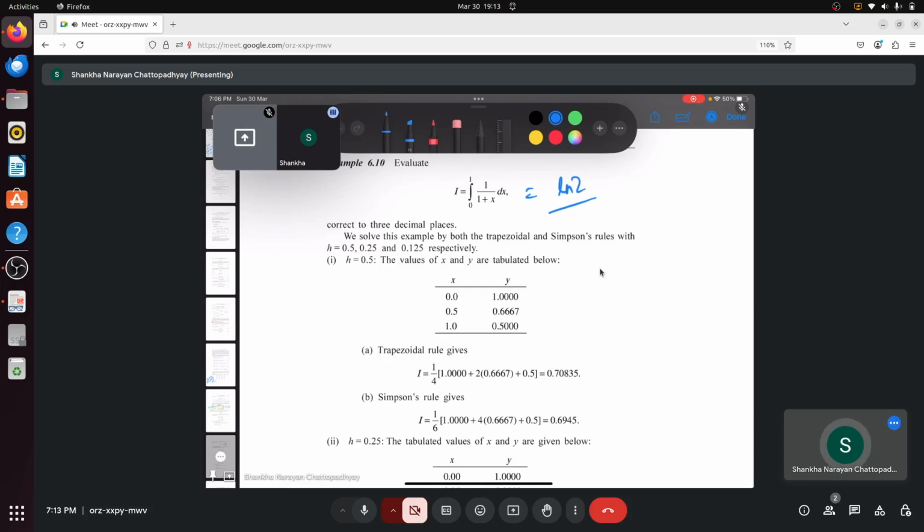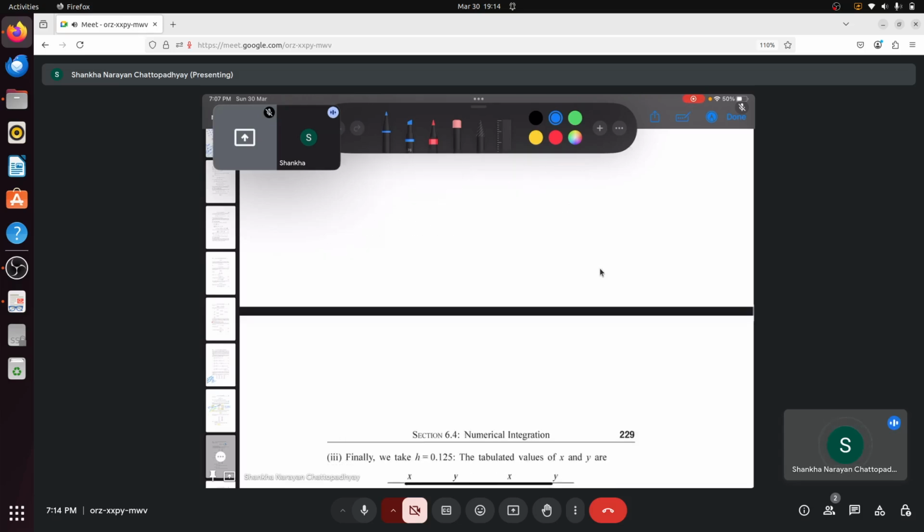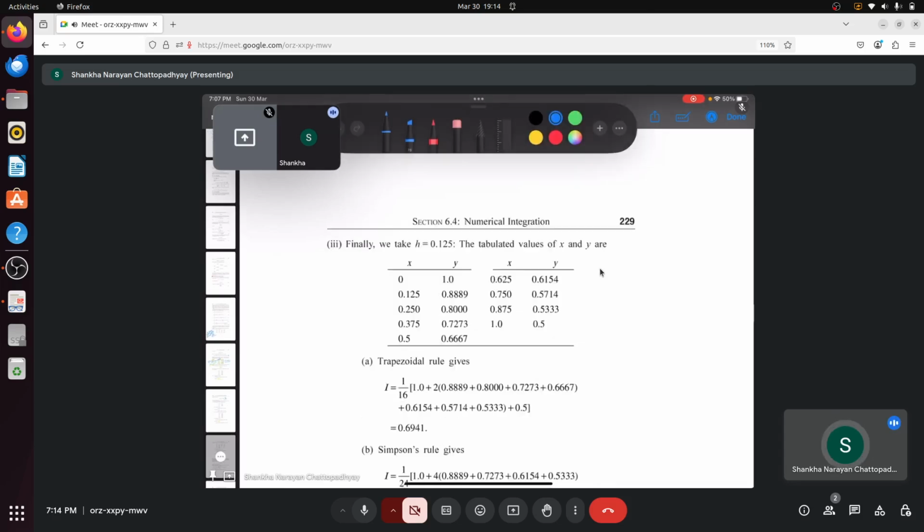So we have these problems, and based upon them, obviously you will get one or two problems from this basic trapezoidal and Simpson rule. I will not discuss details about these things. This is very easy.